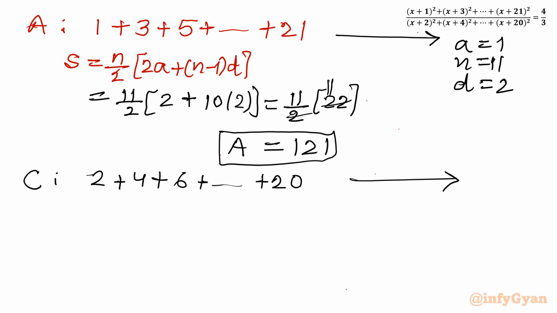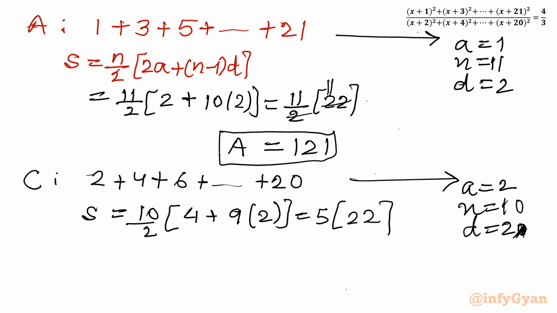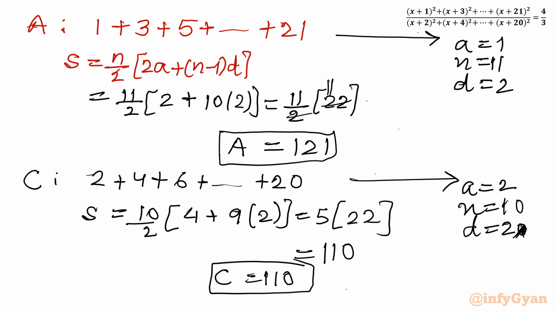It is an AP with first term 2, total number of terms 10 (2, 4, 6, 8, 10, 12, 14, 16, 18, 20), and common difference 2. Using the sum formula: 10/2 (4 + 9 × 2) = 5 times (4 + 18) = 5 × 22, so this value is 110. So C is 110. A is 121 and C is 110.